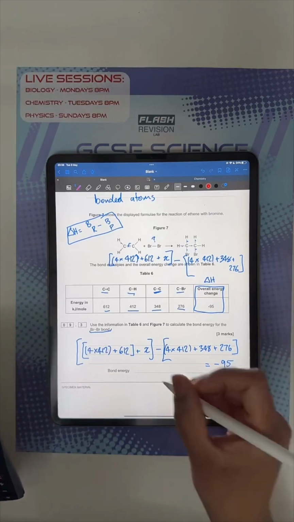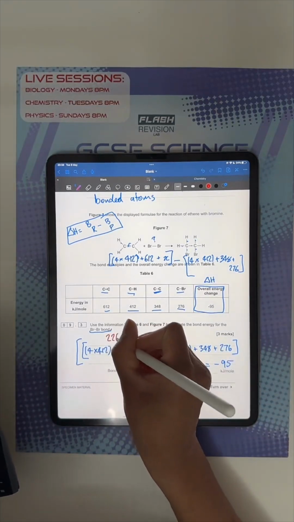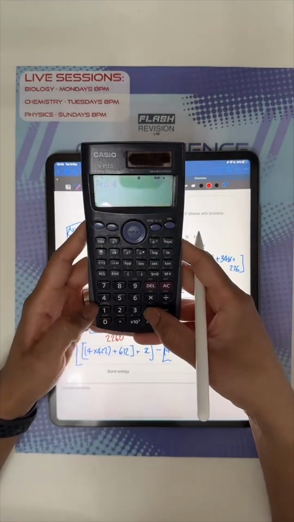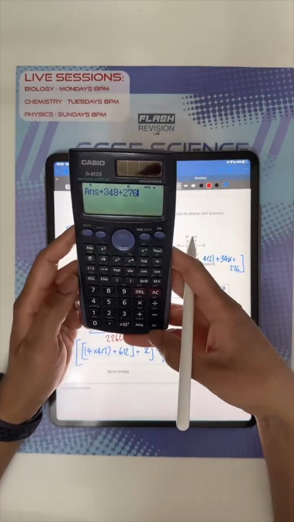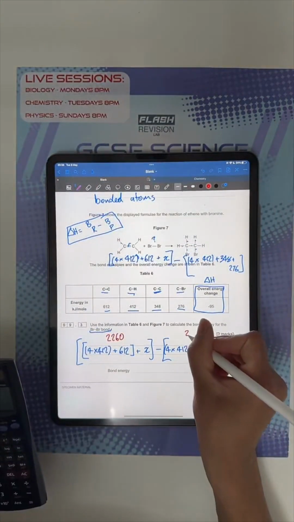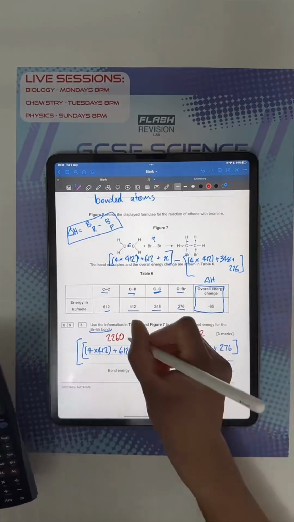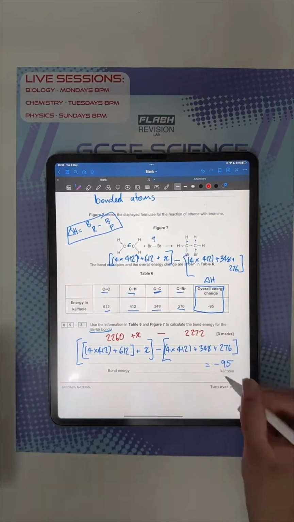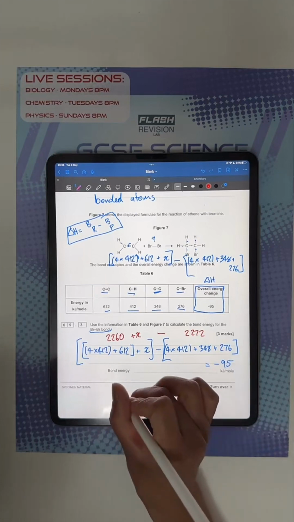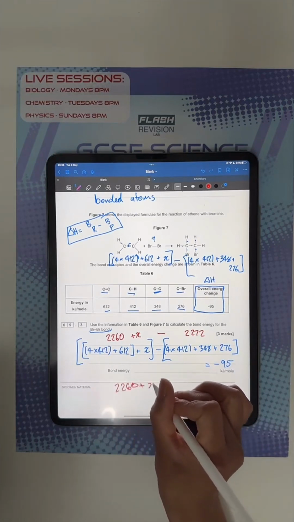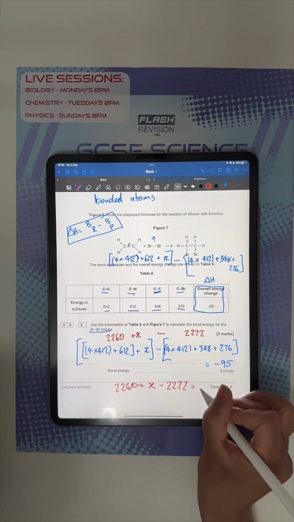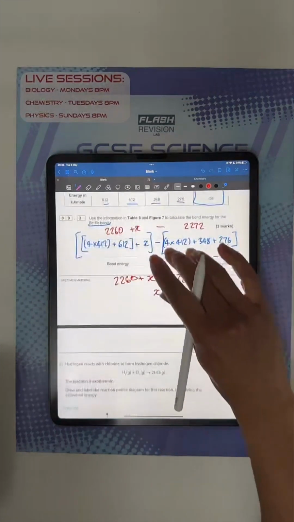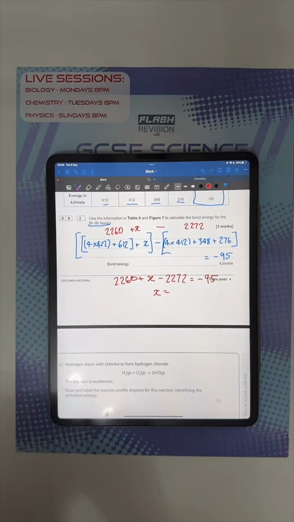Yeah, I think some of you got that. Yep, so we got 2260. Well done, guys. And then here we got 4 times 412 plus 348 plus 276, which is 2272. So this plus X minus this is equal to minus 95. So then you need to rearrange this to make X the subject. And what does that give?